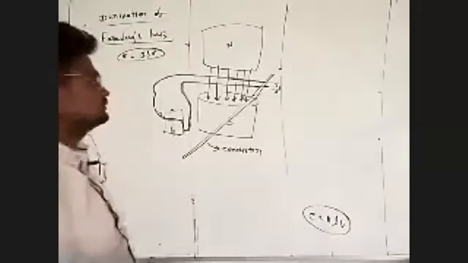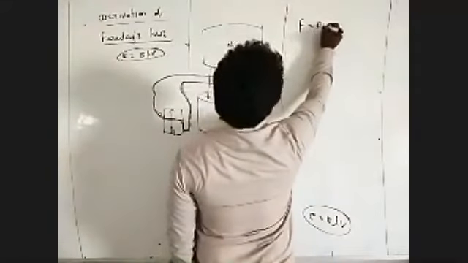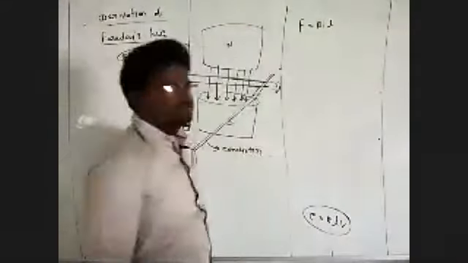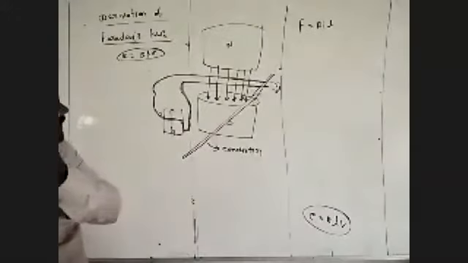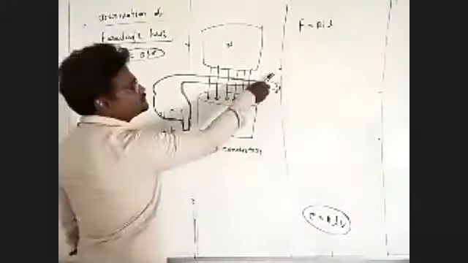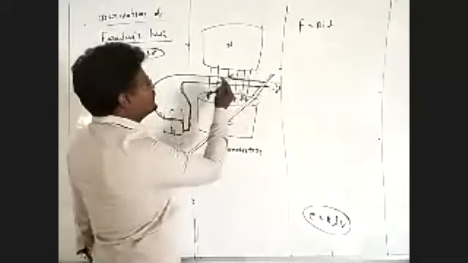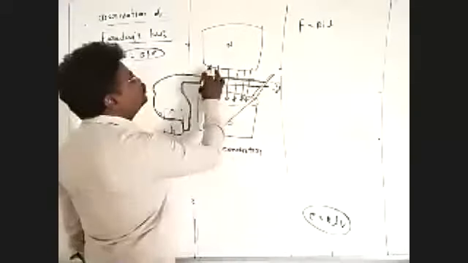We have to do some work. What will happen? We already derived that force is equal to BIL. The connector is placed on the two parallel lines. This is one conductor, this is another conductor.